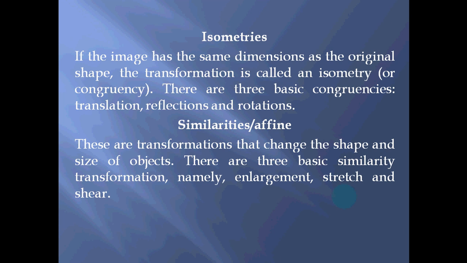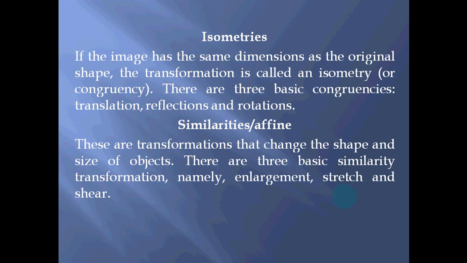So the lesson for today is among the types of transformation, which is isometries. So isometries: if the image has the same dimension, same size as the original shape, the transformation is called an isometry or a congruency.